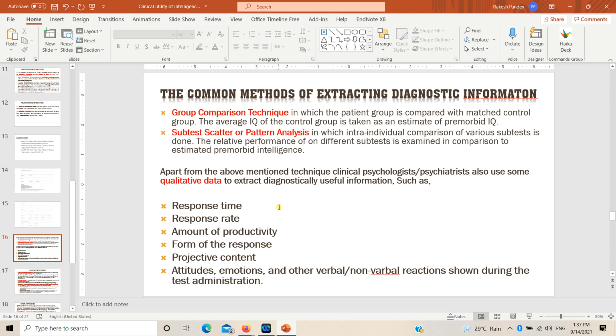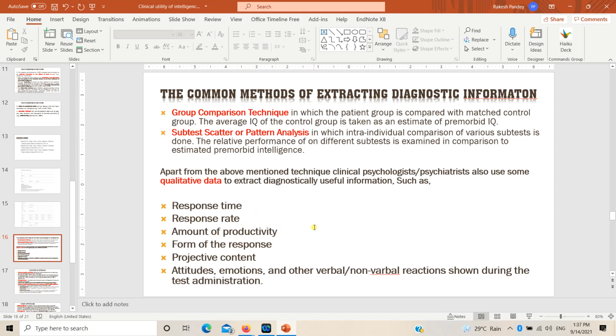But if we are testing for clinical purpose, then it is better to develop a habit to note the response time, the response rate, amount of productivity, form of the response, projective content. Sometimes people say many things and you may infer that they are projecting something.